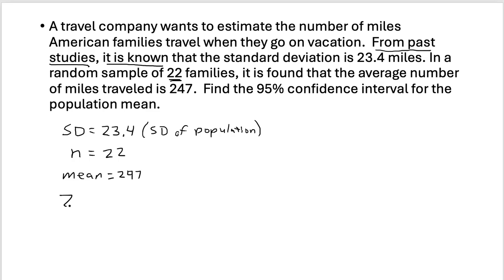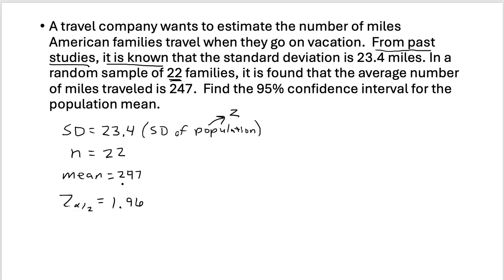So I know that my z-score for 95% is going to be 1.96. All right, so again, the only trick here is that you need to be sure that you make the right decision on the standard deviation. Because remember, if it's the standard deviation of the population, you're going to use a z. If it's the standard deviation of the sample, you'll use a t. And so it's important to make that determination and make it correctly before you start working your problem.